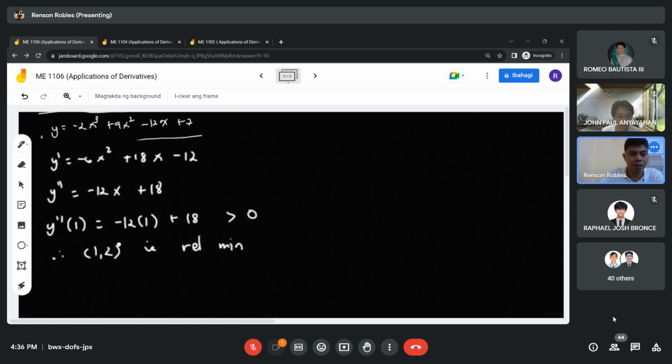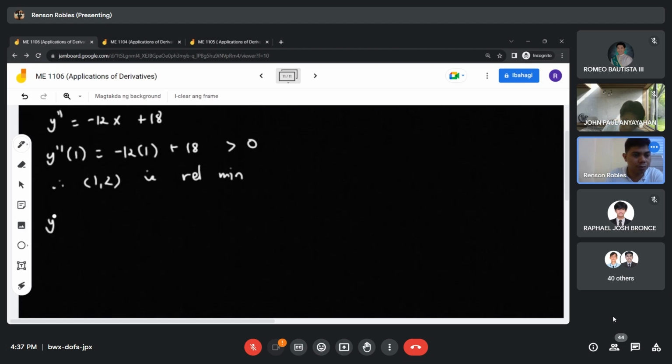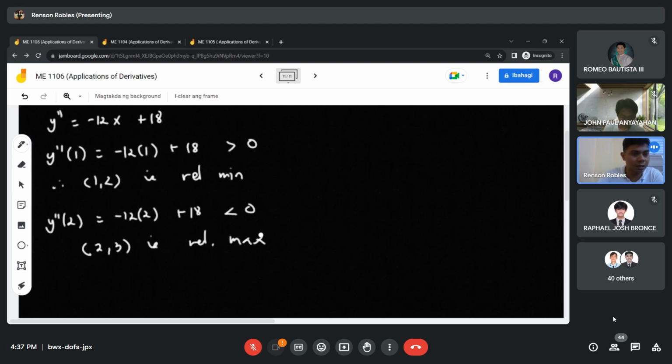Okay? Then, y double prime at 2 equals negative 12 times 2 plus 18. This is negative 24 plus 18, so therefore this will be less than 0. So therefore, the point 2, 3 is relative maximum. Okay? Trace natin. And then, we look for the critical point. Y double prime equals 0.